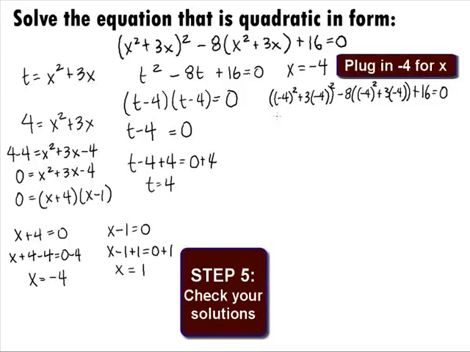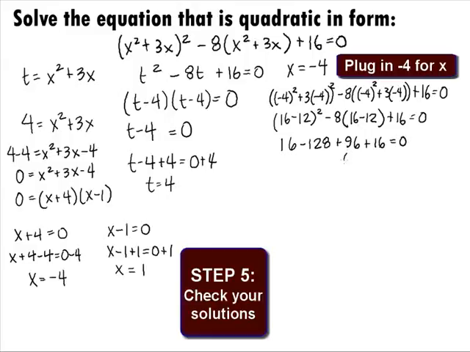This will simplify to be (16 minus 12) squared, minus 8 times (16 minus 12), plus 16 equals 0. This will simplify to be 16 minus 128 plus 96 plus 16 equals 0, which gives us 0 equals 0. Since this is a true statement, that means x equals -4 is a solution to this equation.